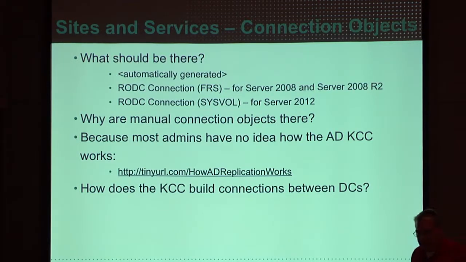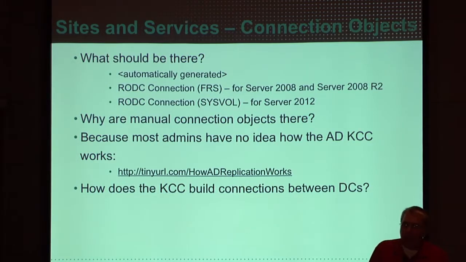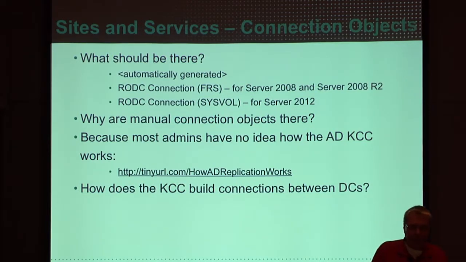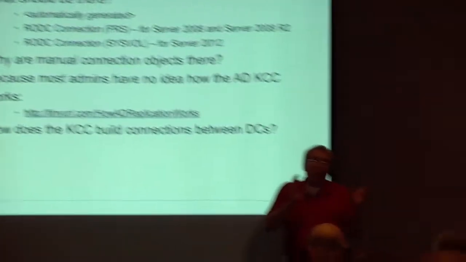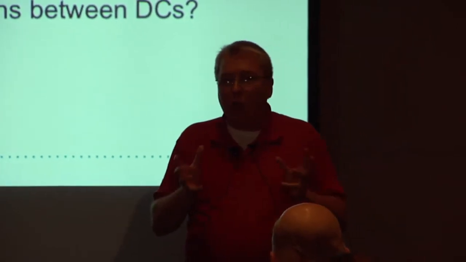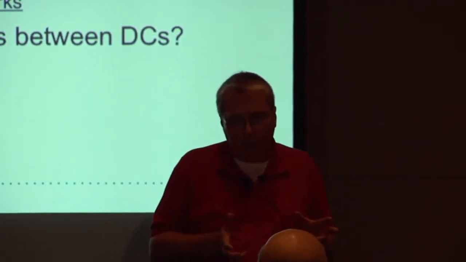Well, the KCC is just a DLL that resides on every domain controller. Every DC is independent, so every KCC on each DC is independent. The KCC looks in the configuration container, and it knows all the information about every domain controller in its domain.